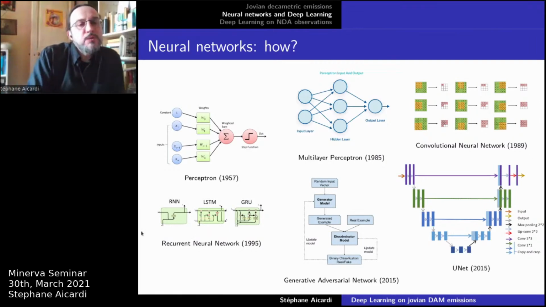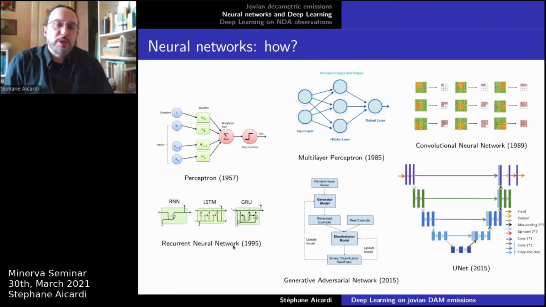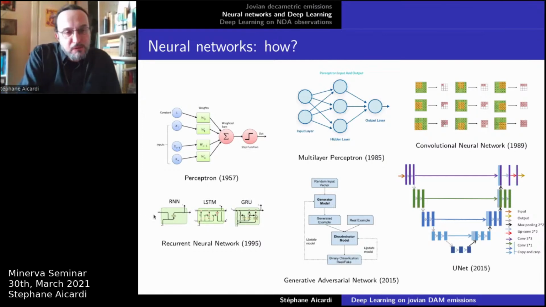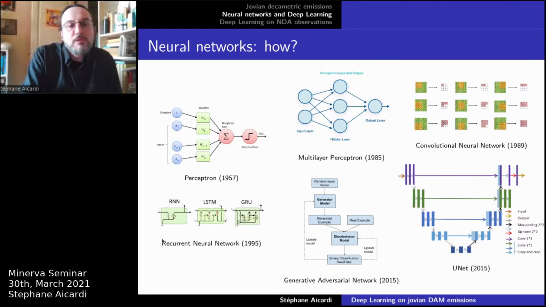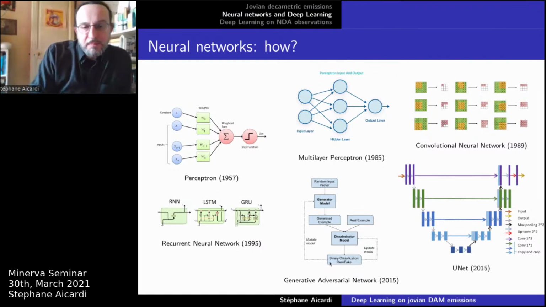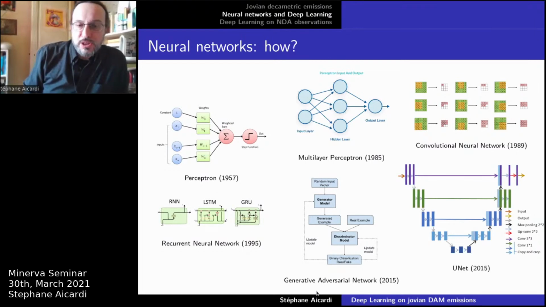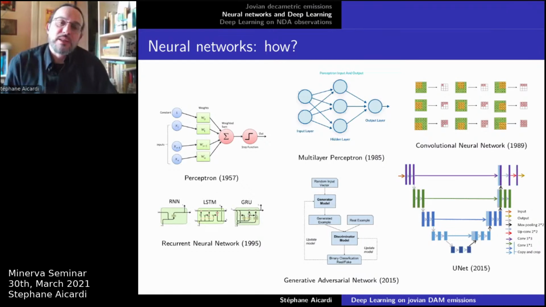To handle time series, people developed the recurrent neural network, where the output is fed as an input on the next stage. We have many architectures for this, notably the LSTM, long short-term memory. To generate data, we have the generative adversarial network, which is built on the concept of the police and thieves.